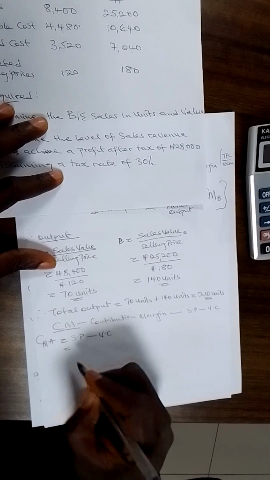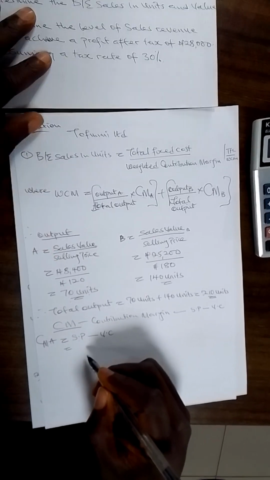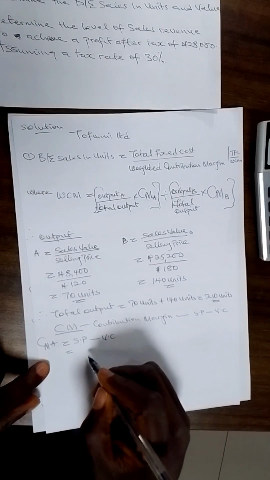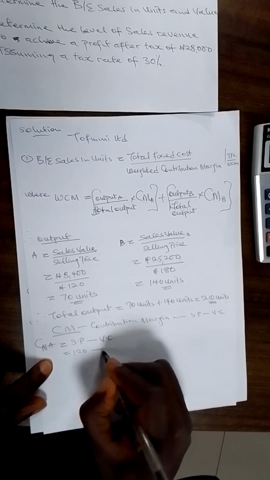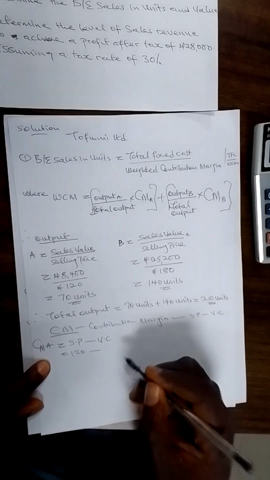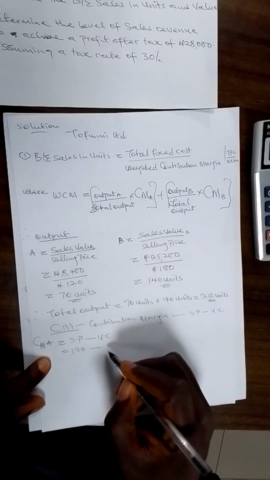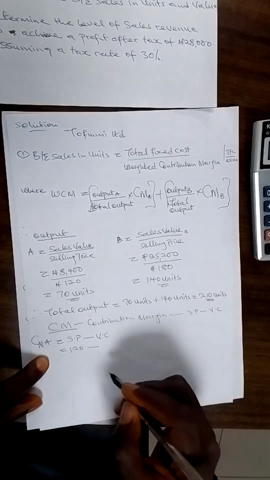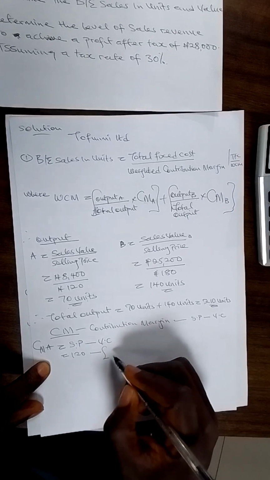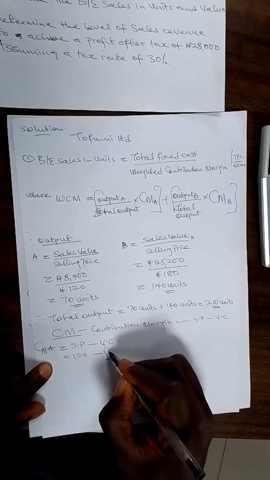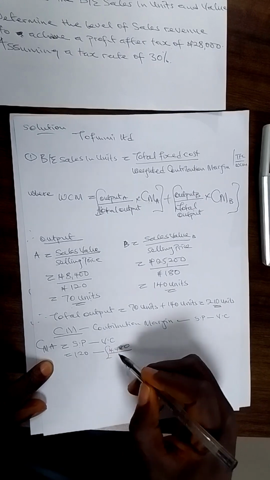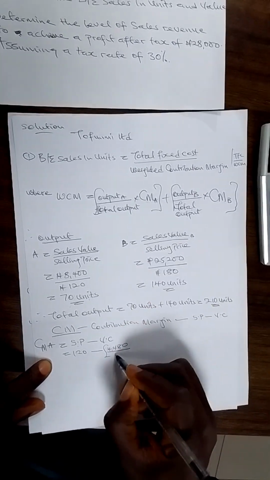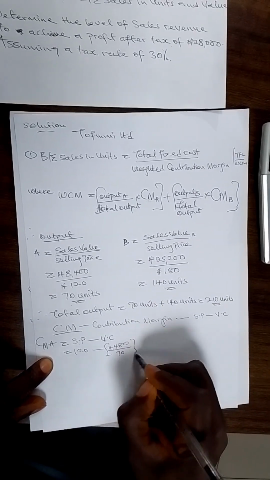The selling price for A has been given to be 120 naira per unit, minus variable cost per unit. We do not have the variable cost per unit, so we look at the total variable cost of A, which is 4,480 divided by the output of A, 70 units.